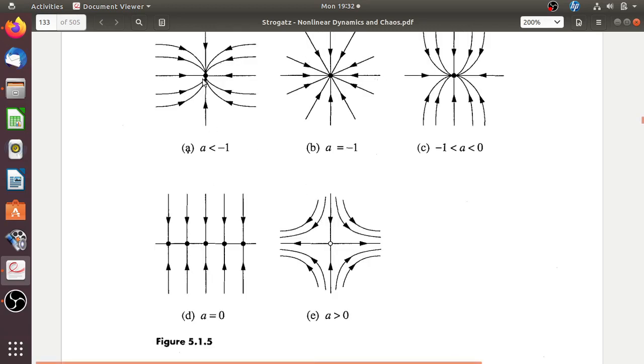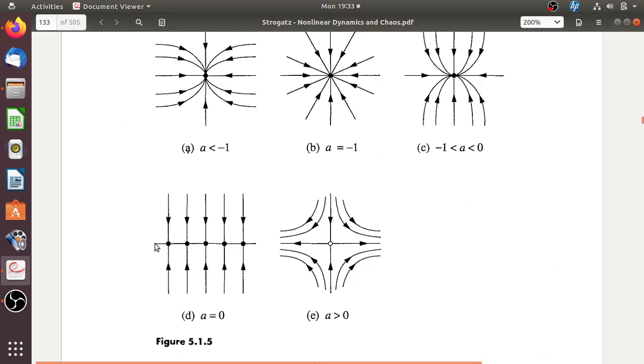These are the fixed points. We have a fixed point at x equal to 0 and y equal to 0, and these fixed points are also known as nodes. This is a stable node, and this is also a stable node, because if we give a little disturbance, it will come back.